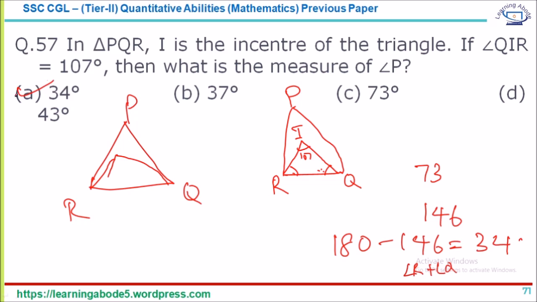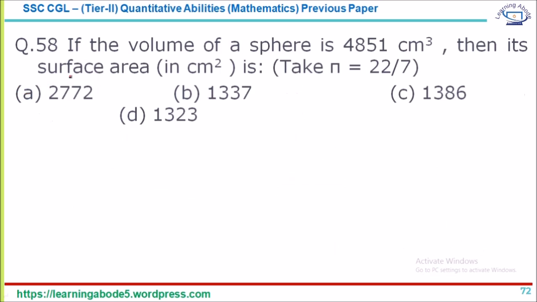This is almost the third question in the same paper where we have used a similar property to solve a geometry question. Now question number 58. The volume of a sphere is 4851 centimeter cube. Then its surface area. So 4 by 3 pi, that is 22 by 7, into R cube is equal to 4851.